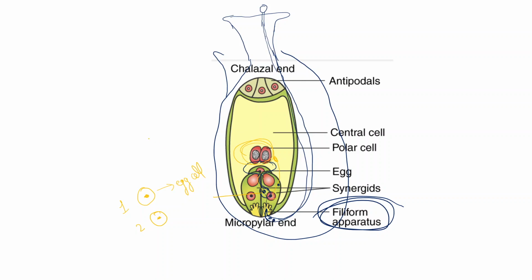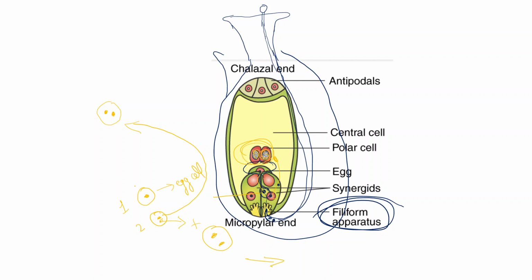This central cell looks like this: there is a cell, and inside it there are two nuclei. The second male gamete reaches the central cell, which already has two nuclei, and fuses with it.